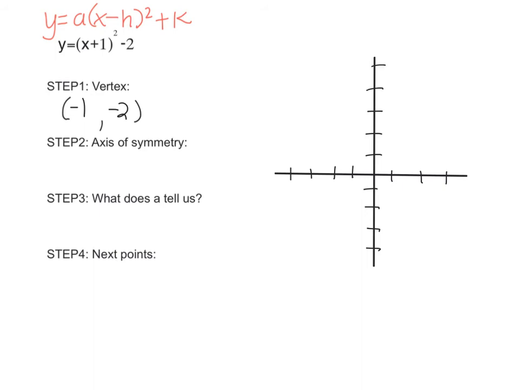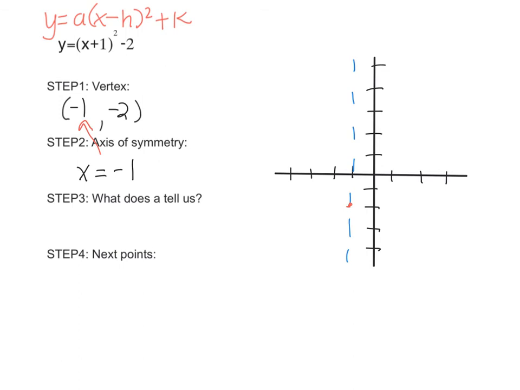So before I plot the vertex point, I'm going to find my axis of symmetry, which is nice and easy because it is the same value as that h value right there. So that is -1. X equals -1. All right, so now I'm going to graph my axis of symmetry as a vertical line through x equals -1. And I am going to plot the point -1, -2 on my graph.